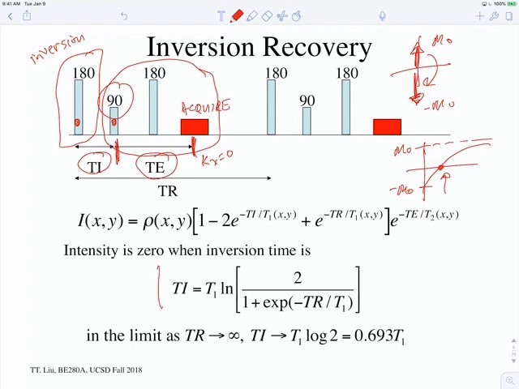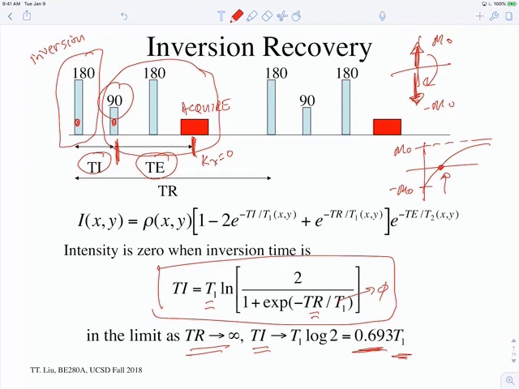And it's given by this equation here. So if I know the T1 and I have some TR, I can calculate what that inversion time should be. All right. So in the limit, as TR goes to infinity, this term is going to go to 0, and I'm just going to get inversion time equals 0.693 times T1. All right. So that's just nice to know that you can use in MR, you can actually null out tissue that you don't want to see.